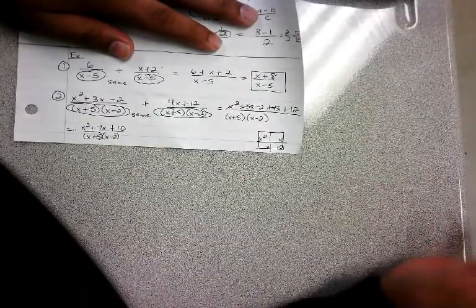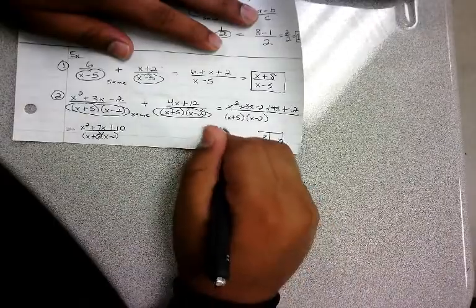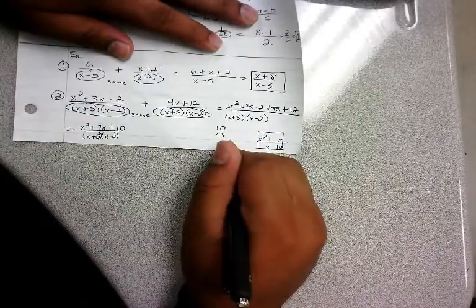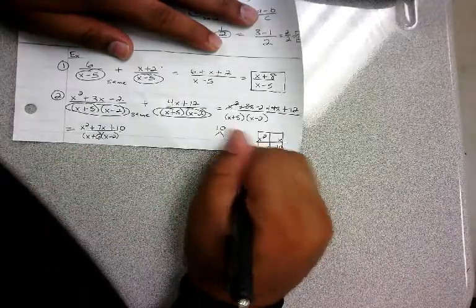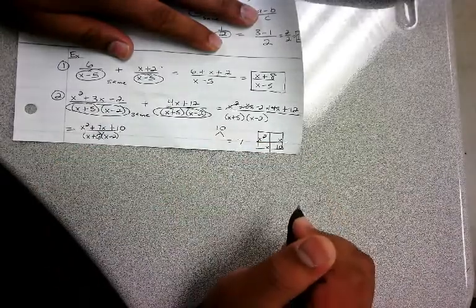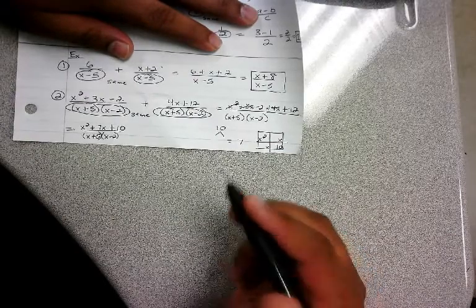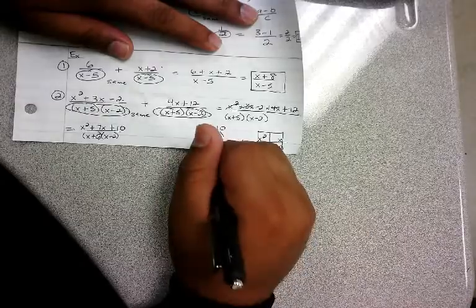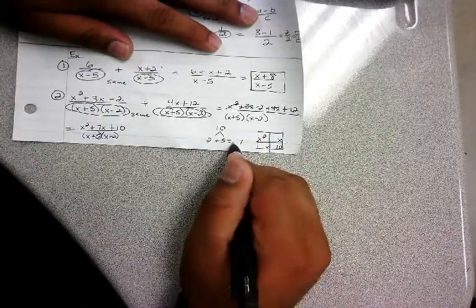We're trying to figure out the factors of 10 that equal 7. 2 times 5 would work perfectly. 2 times 5 will give you 7.